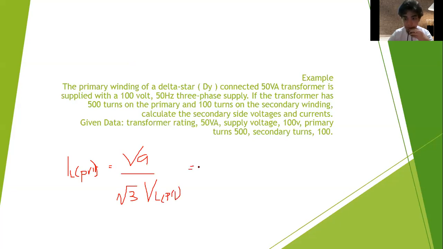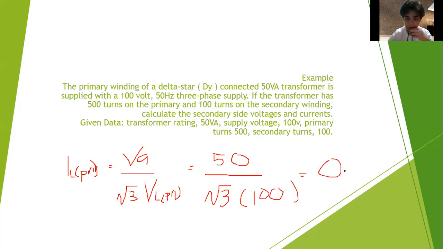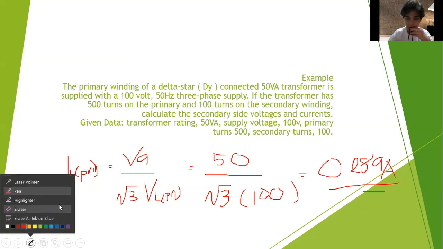This will be equal to 50 over square root of 3 multiplied by 100. So this will be 0.289 amperes.